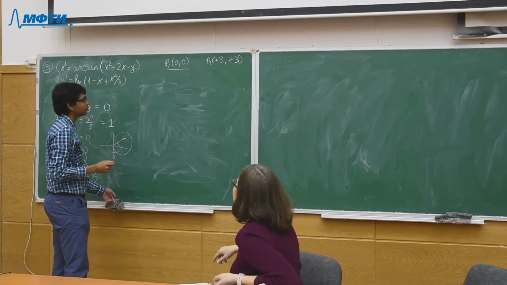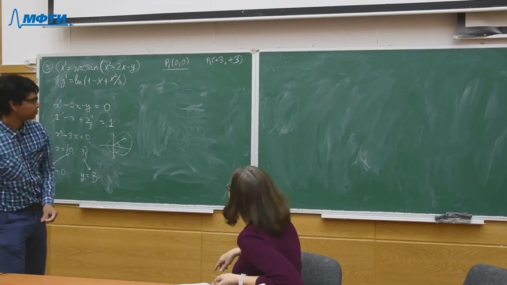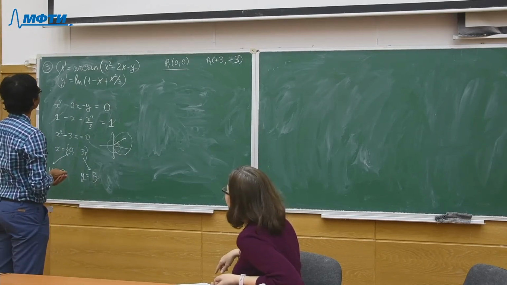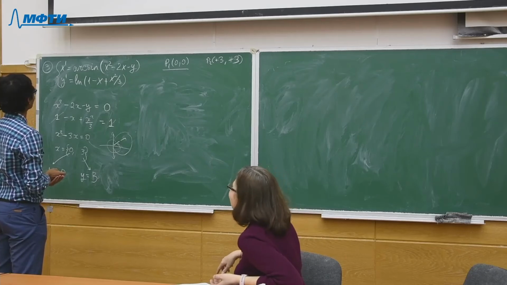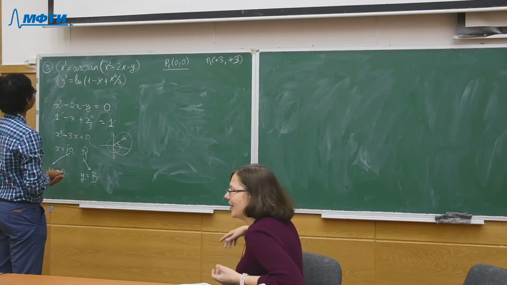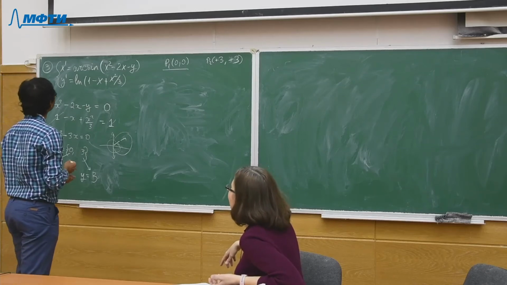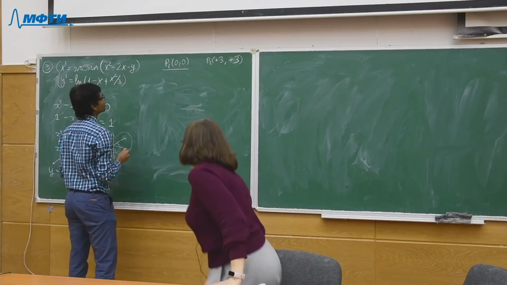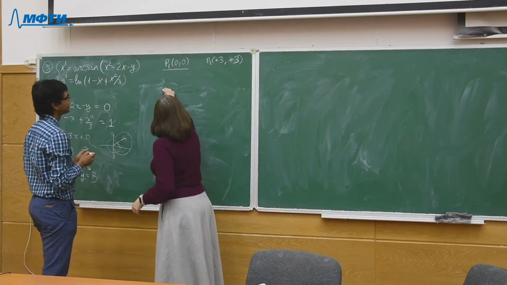And first, let's analyze P1 and how to find the linearized system. And now we need the matrix of partial derivatives, so the Jacobian matrix. The form of the Jacobian matrix is, so I will recall. Do you know how to?